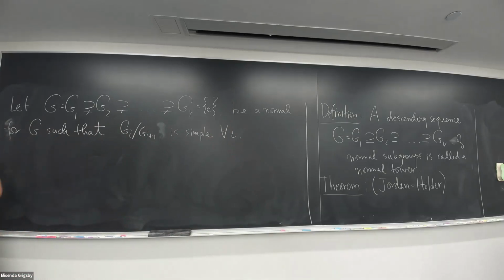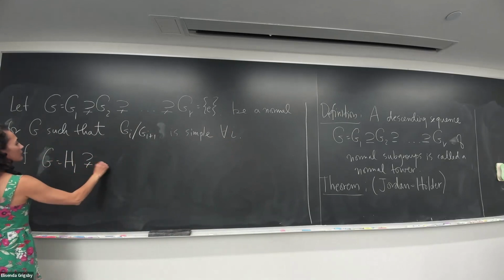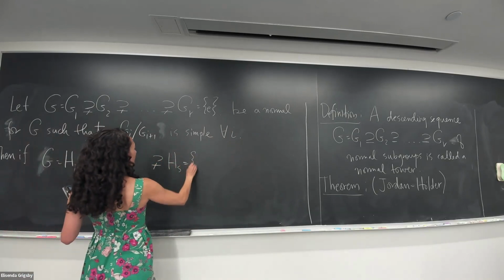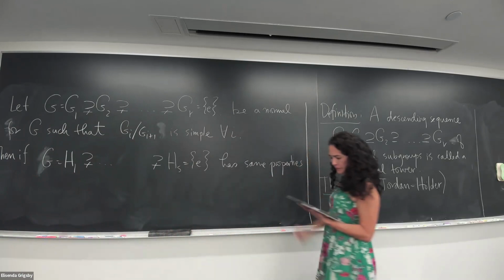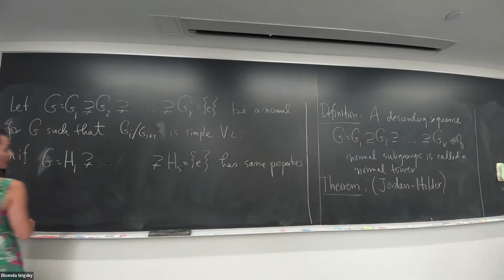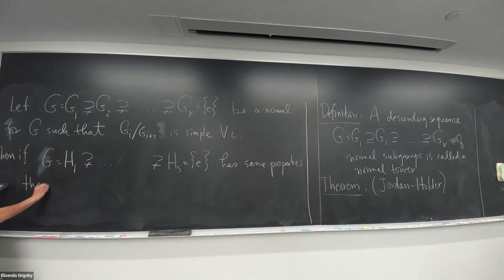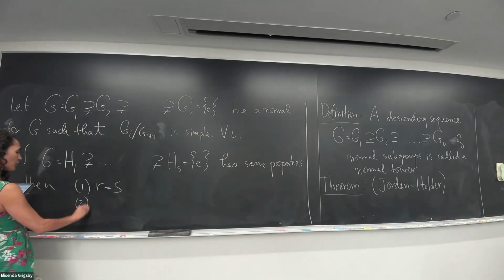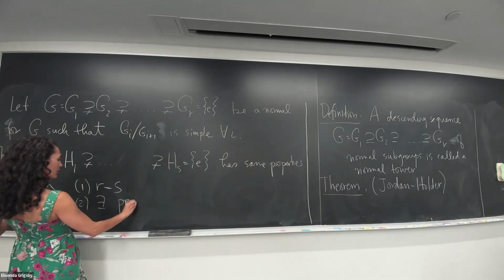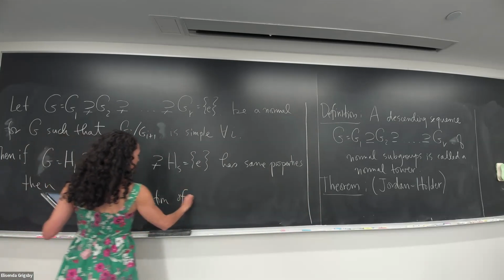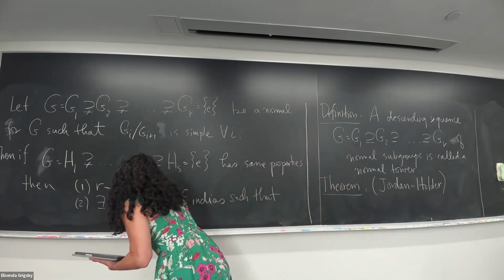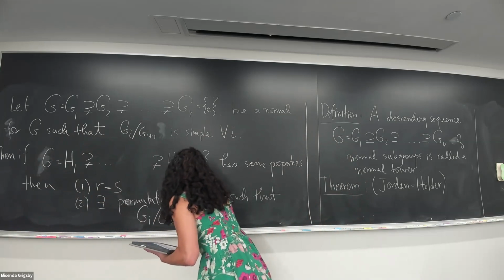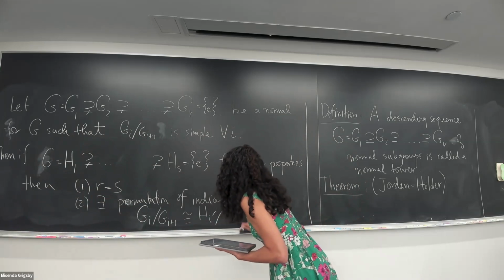Then any other tower with the same property: first of all, R is equal to S. And two, there exists some permutation of the indices such that the corresponding quotient groups are isomorphic.